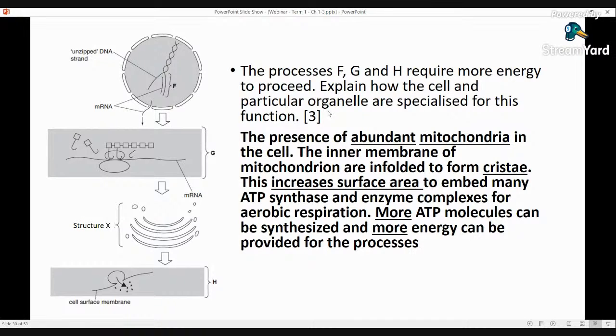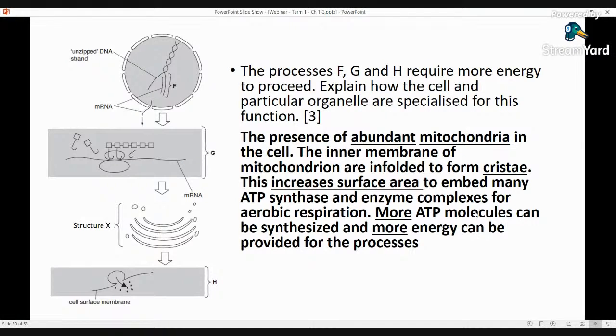And then the second part is mitochondria. The inner membrane of the mitochondria is infolded to form cristae. So you need to explain why the cristae are important. This increases surface area to embed many ATP synthase and enzyme complexes for aerobic respiration, or you can write for oxidative phosphorylation.